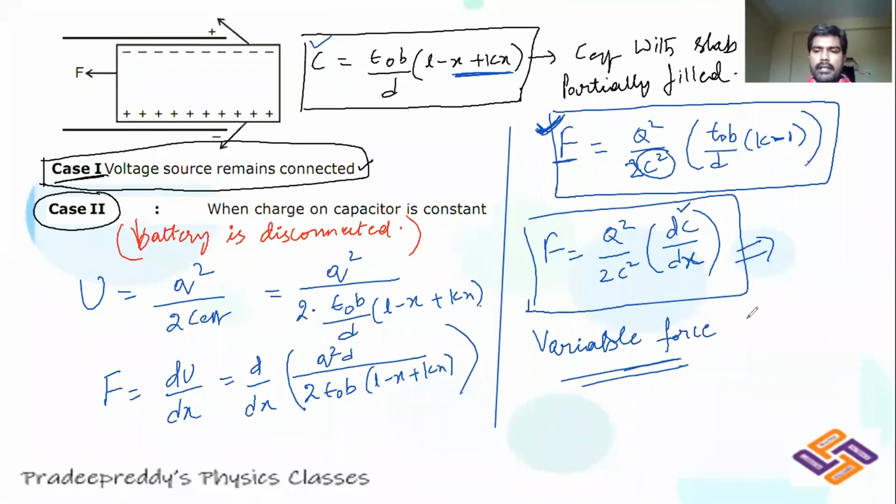Clear? It depends on how much length is filled by the dielectric medium, and depending upon that you will get the force. That is what happens when the charge on the capacitor is constant, that means you are disconnecting the battery.